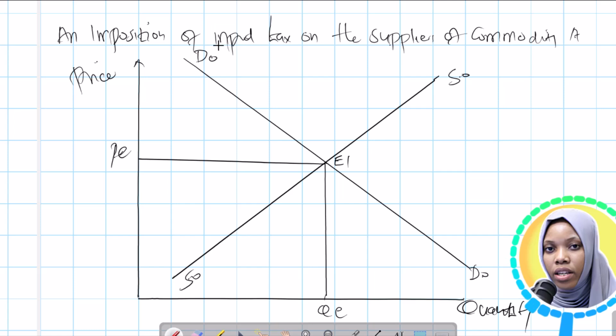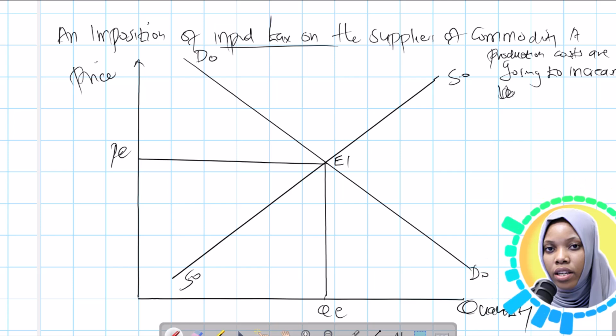Now if we impose input tax on the suppliers, production is going to be expensive, or production costs are going to increase, which will lead to a leftward shift in the supply curve.